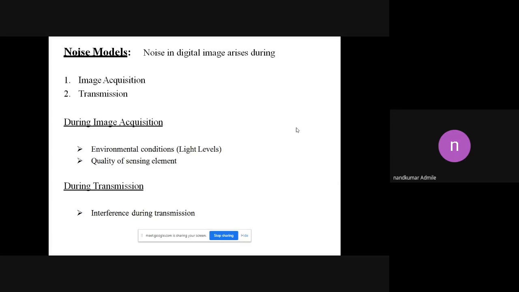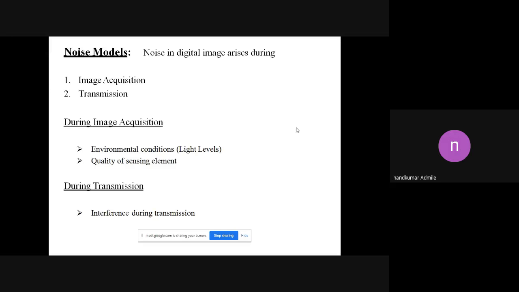There are two possibilities through which noise can be added in the image. The first one is image acquisition and the second one is image transmission. What is image acquisition? Can anyone tell? In our first unit, we studied the three types of image acquisition. Do you remember?